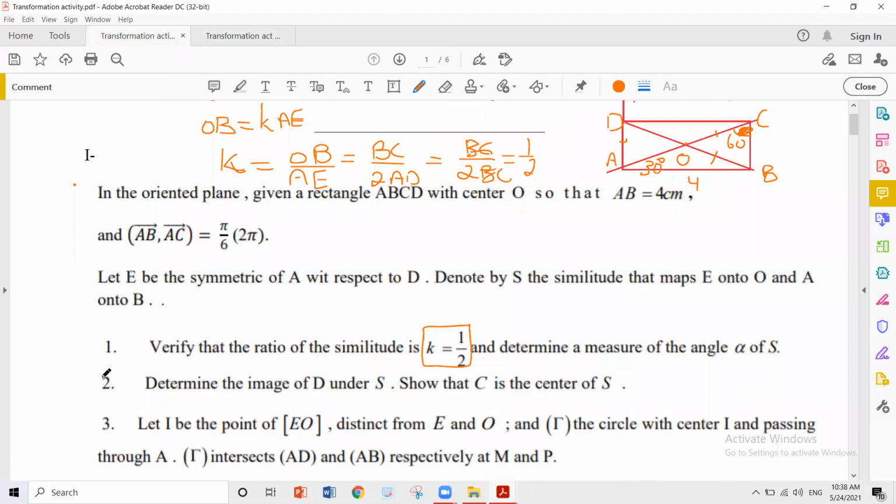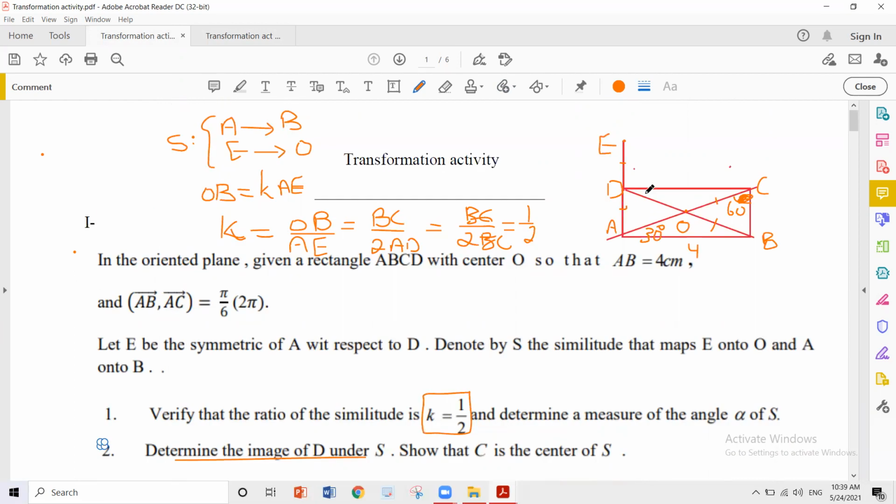Part 2. Determine the image of D by S. Who can tell what's the image of D by S?